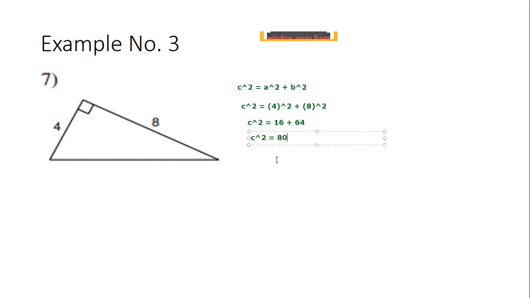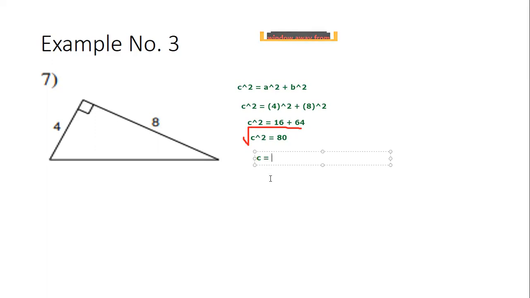To get the value of c, just extract the square root of both sides of your equation. So the square root of c squared is equal to the square root of 80.